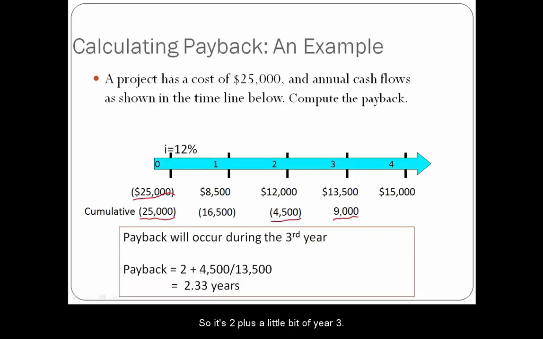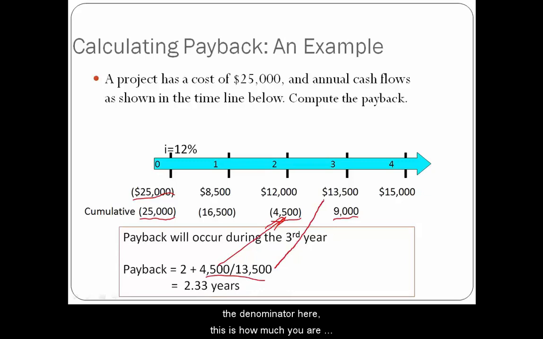So it's 2 plus a little bit of year 3. So calculation wise, we'll just do the first 2 years, plus a portion of year 3. Now the portion of year 3, you see the 4,500 is from here. This is after year 2. How much more is left to be made? And the denominator here, this is how much you are totally going to produce in all of year 3.